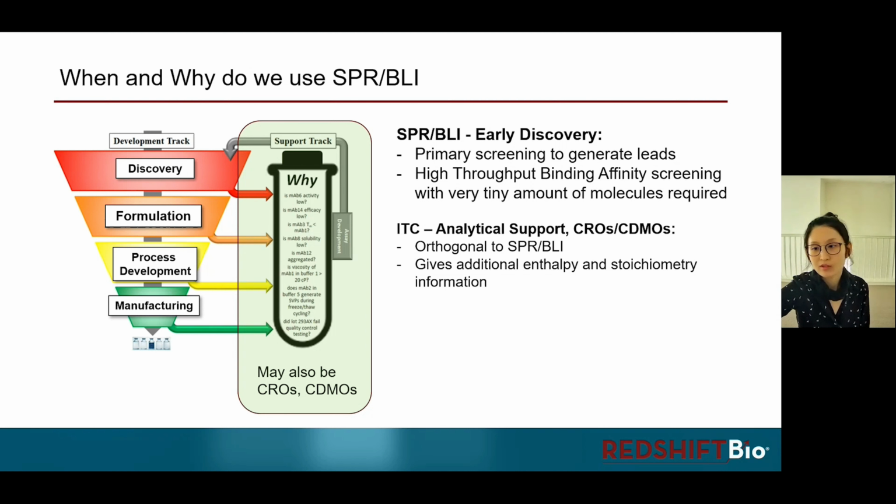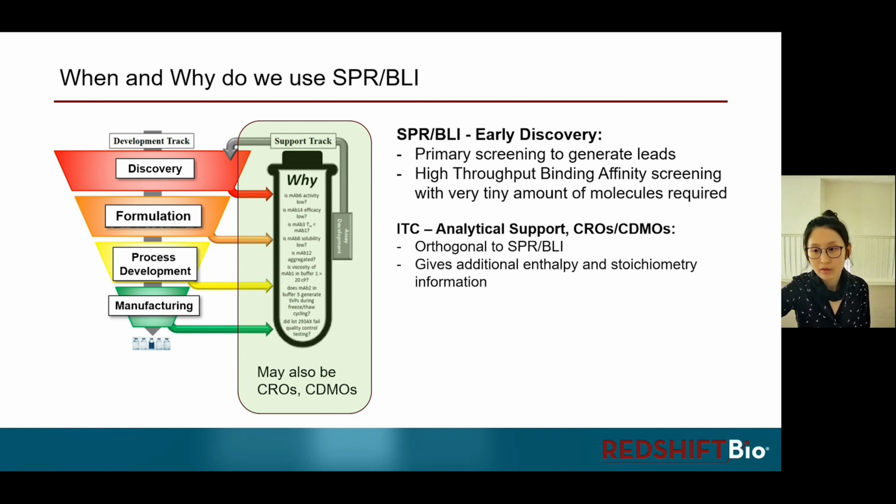Although discovery folks won't bother with ITC, some candidate molecules might be handed to analytical support or contract services to check with ITC. Further down the development pipeline, affinity might be characterized with ITC to study the effect of different formulations, processes, and manufacturing changes.